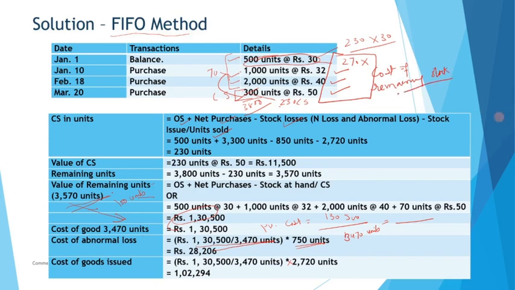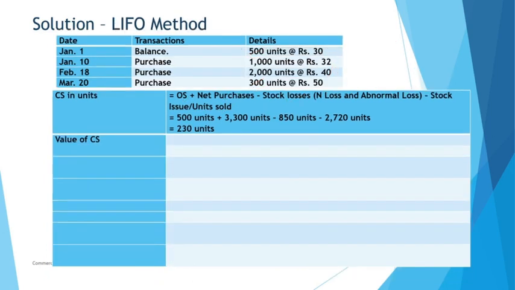So per unit cost will be revised, and we know that out of the remaining lot, 100 units are lost due to normal reasons, so thereby revising or updating the per unit cost. And then the remaining cost, the cost per unit will be split into abnormal loss and the goods being sold. So herein you see closing stock is same, 230.